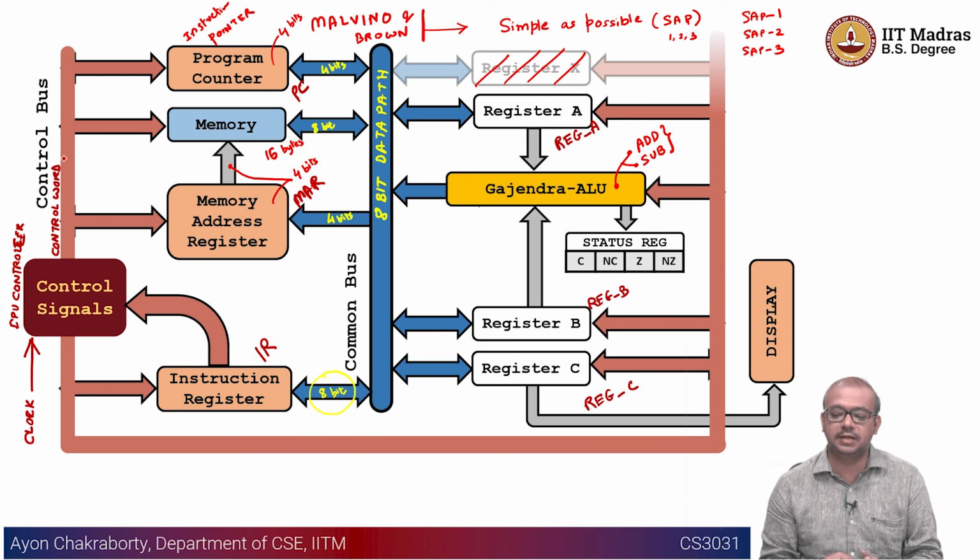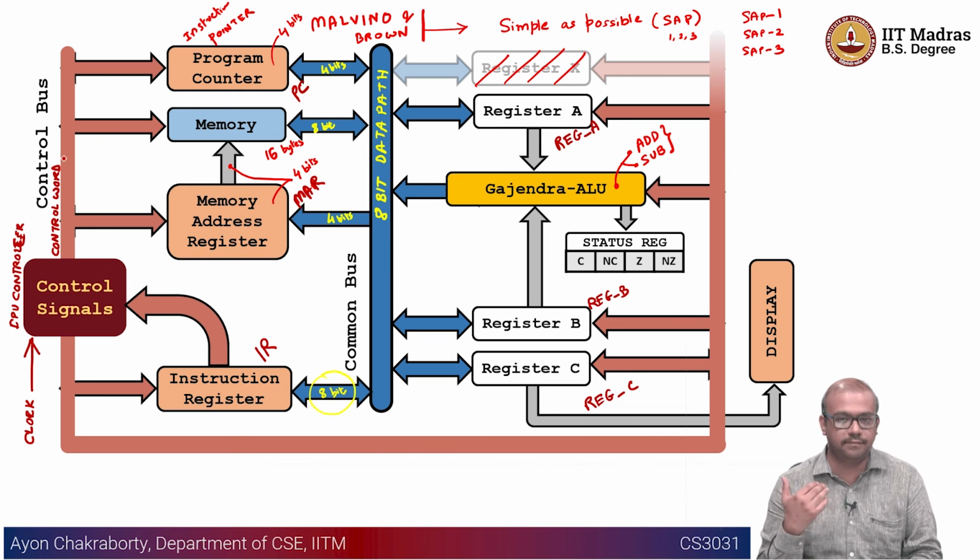Okay, don't think that once you know you have to do add 5, in the blink of an eye add 5 or add 7 is executed, right? There are a series, as I told you, starting from the fetch cycle. There are a series of small baby steps that need to be executed in sequence in order to achieve this.